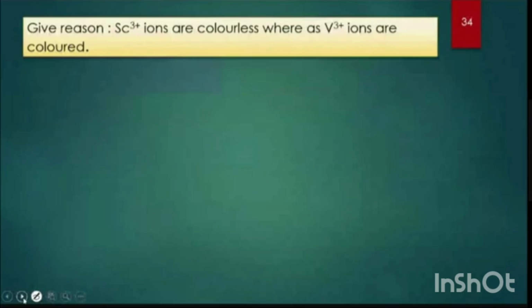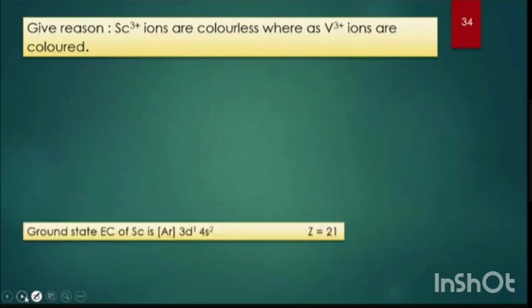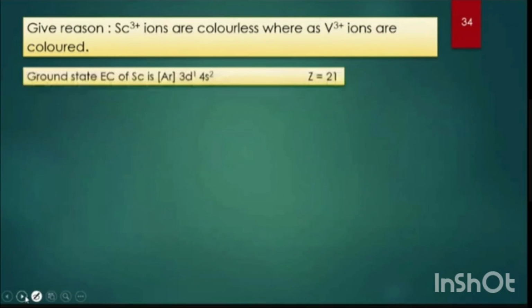On this topic you may get a question like this: Sc3+ ions are colorless, whereas V3+ ions are colored. Let us see the answer. First, we have to write the ground state electronic configuration of scandium, whose atomic number is 21. Its electronic configuration can be written as argon core 3d1 4s2.